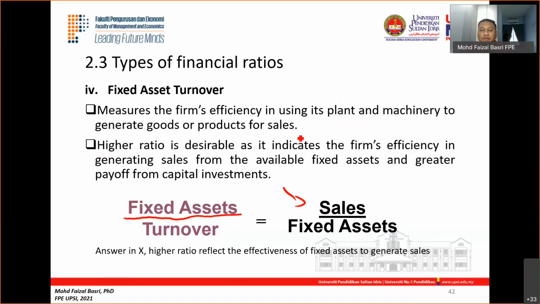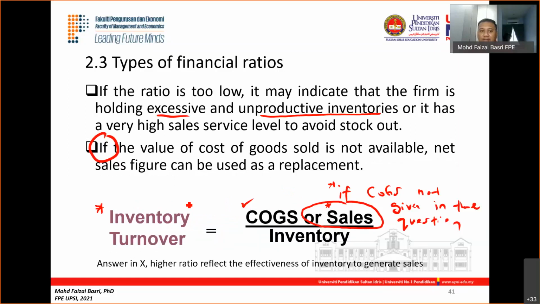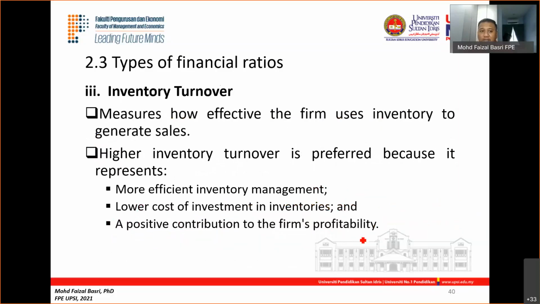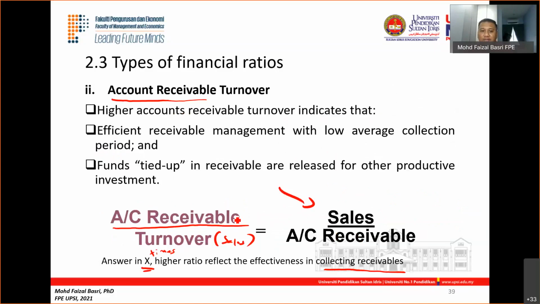Here, when we talk about efficiency, always comment on the two parts: how we utilize the assets to generate sales. Just now, it was how we utilize the inventory to generate sales. For the receivable turnover, it was how to utilize the account receivable in terms of recovering the sales amount.